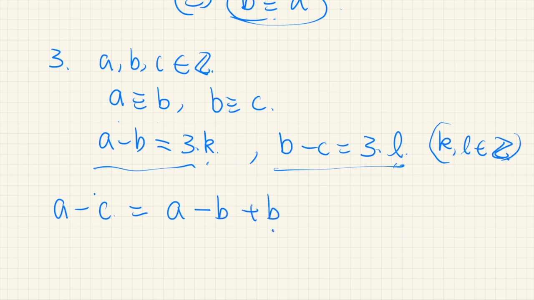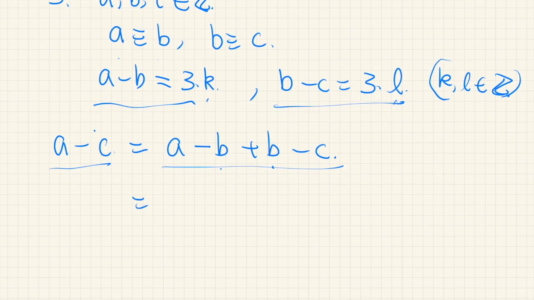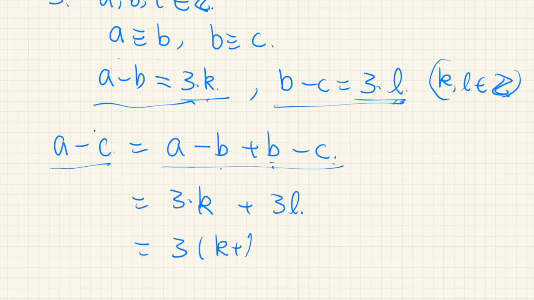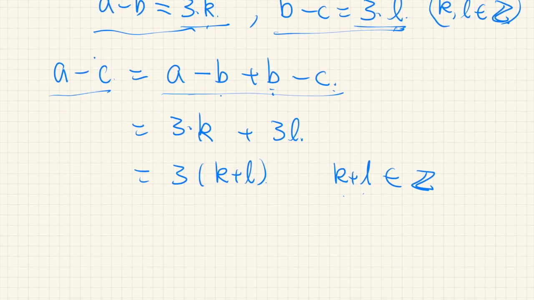We added b and subtracted b, so this is 0, and this is the same as this. But a minus b is 3k, and b minus c is 3l. So factorizing 3, we get 3 times (k plus l), and k plus l is of course an integer because k and l are both integers.